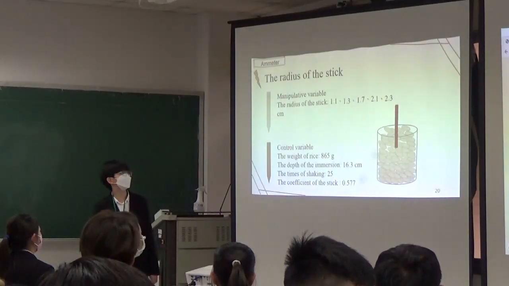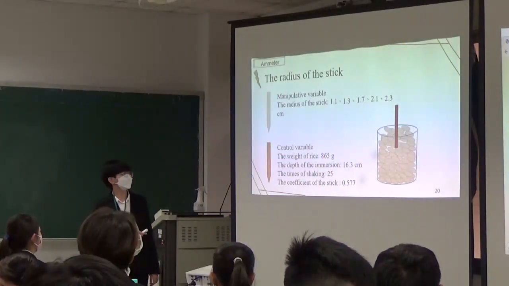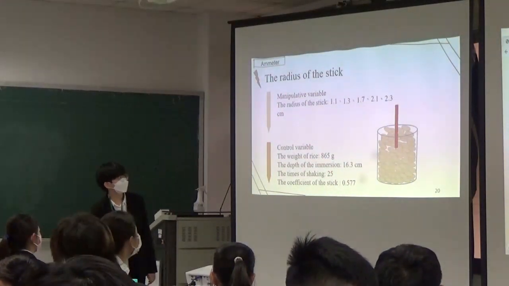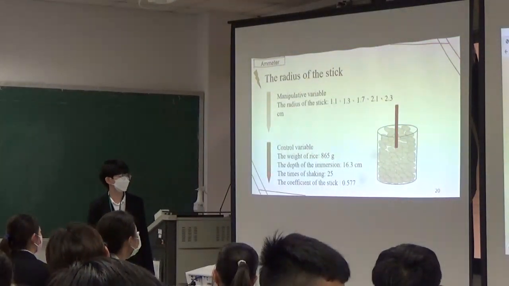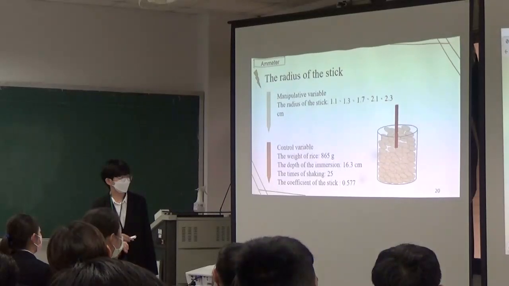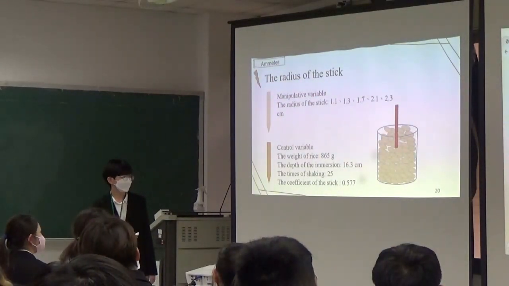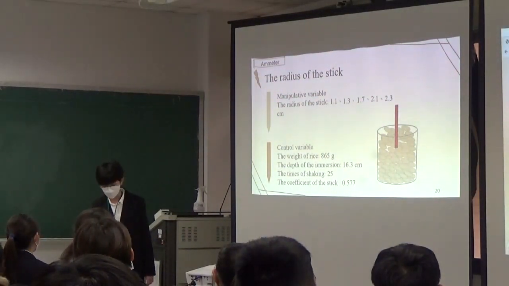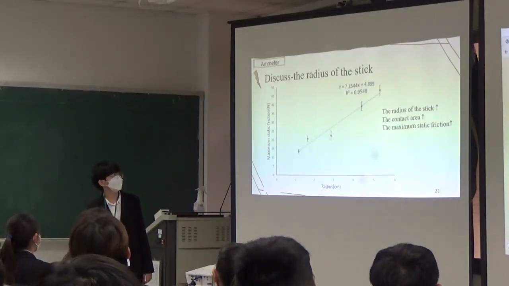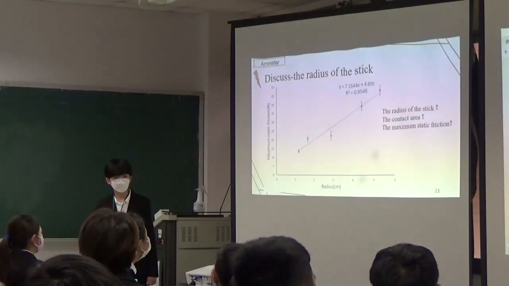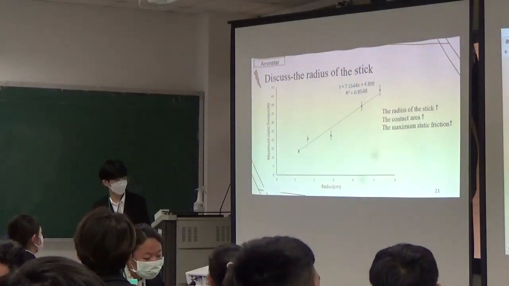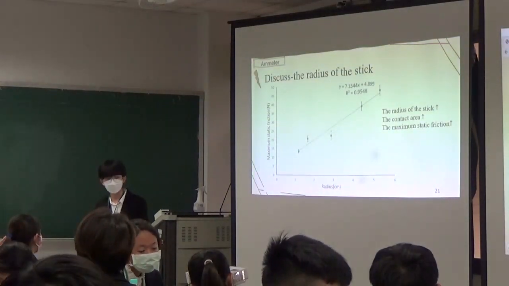Third, we change the radius of the stick. The manipulated variable is the radius of the stick, and we control the weight of the rice, depth of immersion, time of shaking, and coefficient of the stick. For this graph, we change the radius. The x-axis is the radius of the stick.